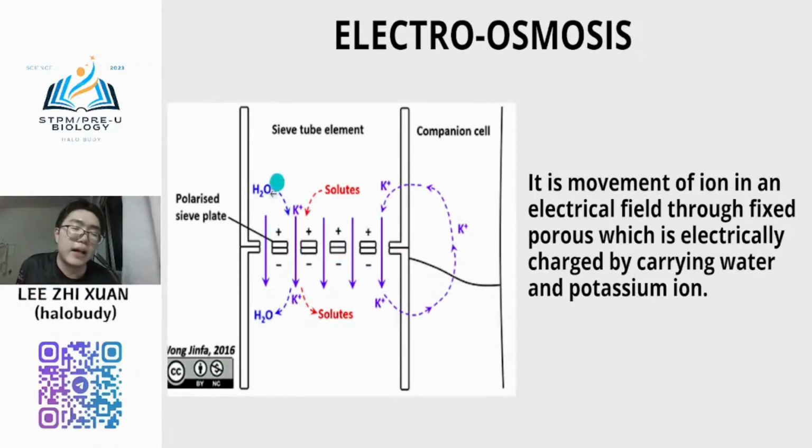When the hydrogen ions are accumulated here, potassium ions will be accumulated there, and this positive charge causes the potassium ions to diffuse through the sieve plate. When the potassium ions have passed through, the solute molecules and water molecules will automatically also pass through, so that electroosmosis occurs.